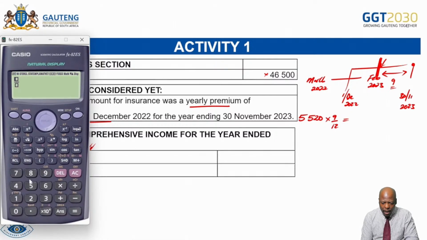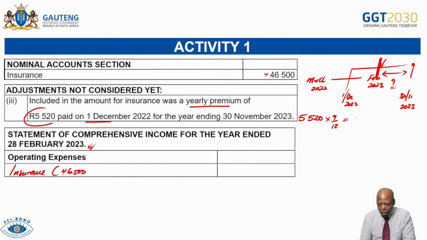It's going to be 9/12, and then we multiply that by 5520, and that is going to give us 4140. That is my prepaid expense.